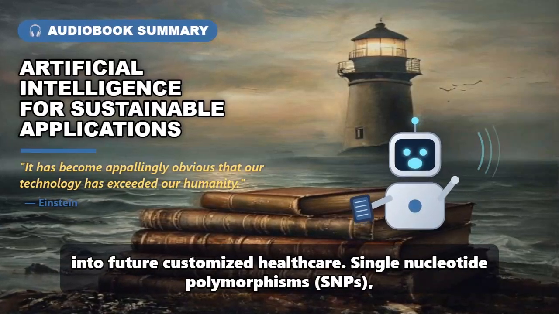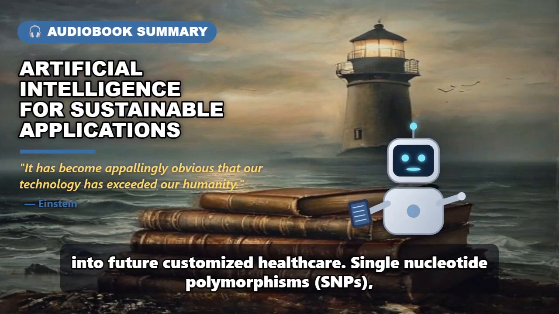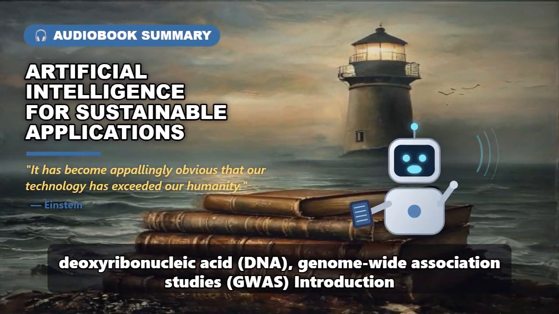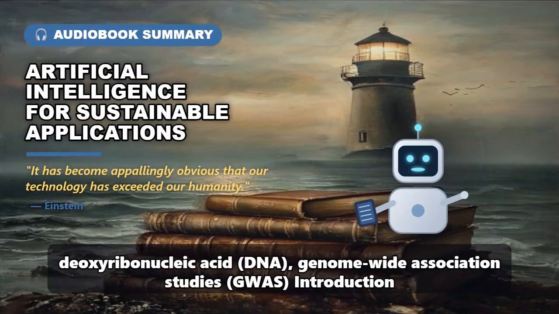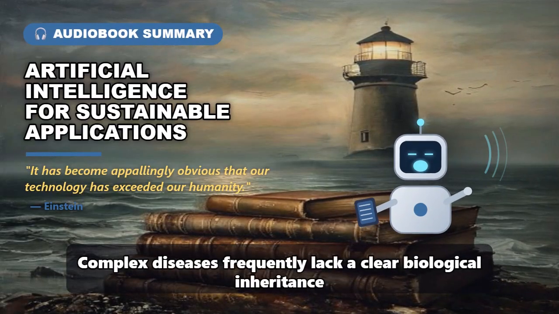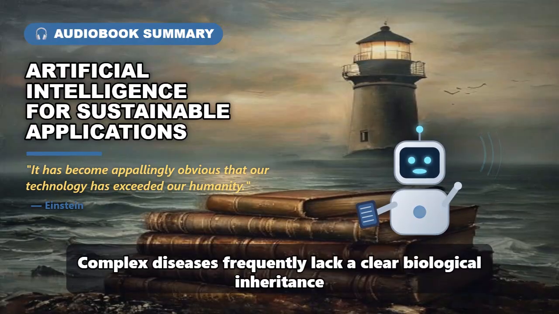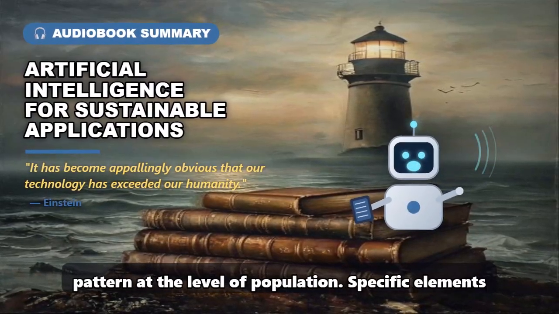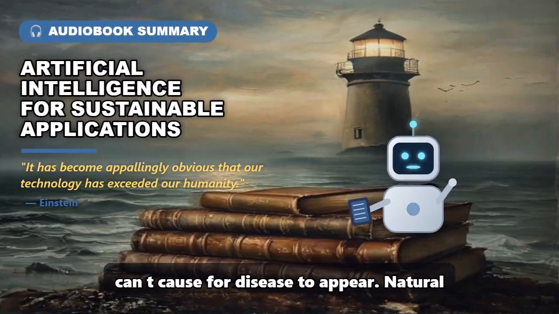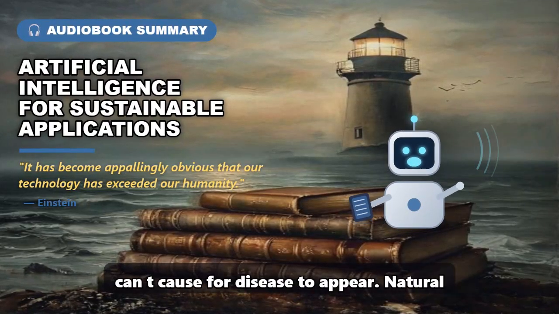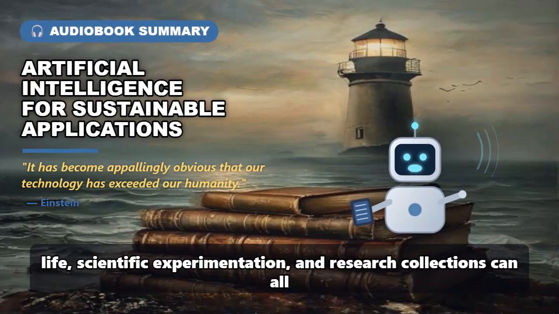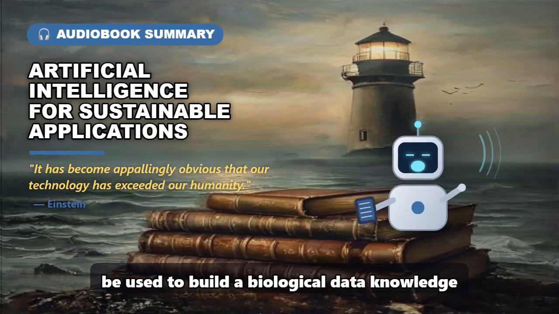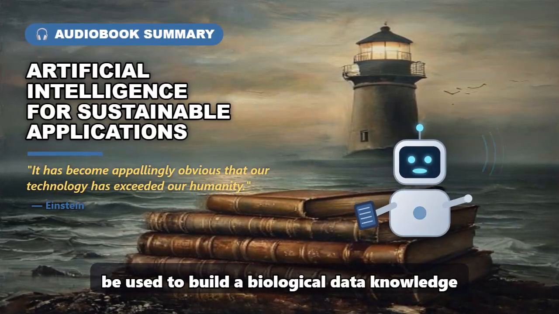Single nucleotide polymorphisms, SNPs, deoxyribonucleic acid, DNA, genome-wide association studies, GWAS, introduction. Complex diseases frequently lack a clear biological inheritance pattern at the level of population. Specific elements can't cause a disease to appear. Natural life, scientific experimentation, and research collections can all be used to build a biological data knowledge base.